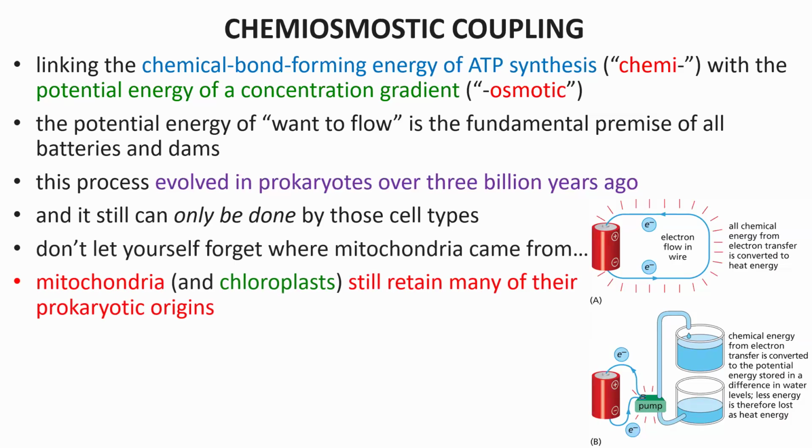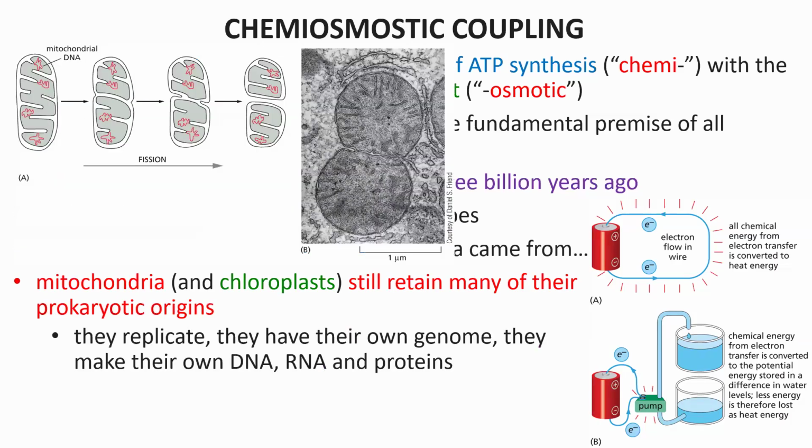They're often still motile, and they still perform this aerobic respiration trick. They replicate, they have their own DNA, their own RNA, and even mitochondria are the only eukaryotic component that's capable of aerobic respiration, making this still, if you want to think about it, an exclusively prokaryotic process.